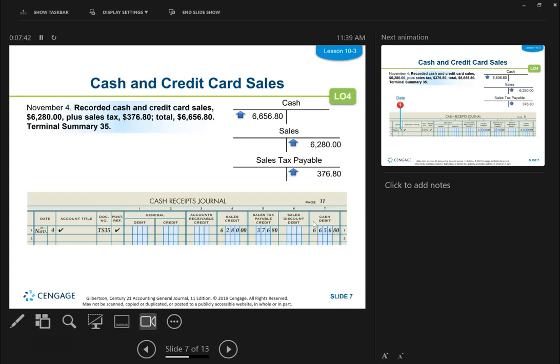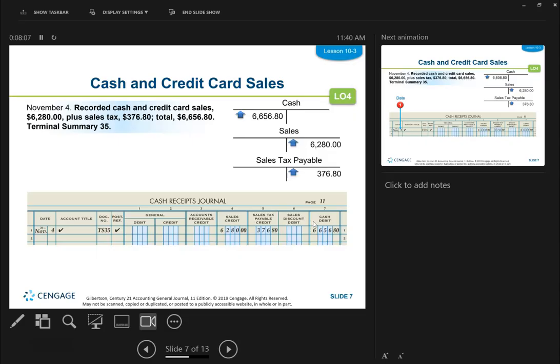Check for my post reference, because this doesn't get recorded specifically anywhere else, since it's a total coming in from the cash and credit card sales. So my sales credit, and then the sales tax payable credit, and the cash debit total is the total cash that came in.